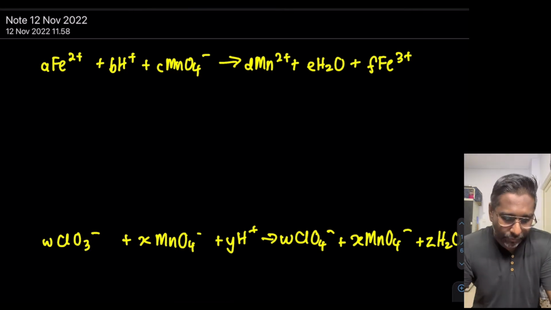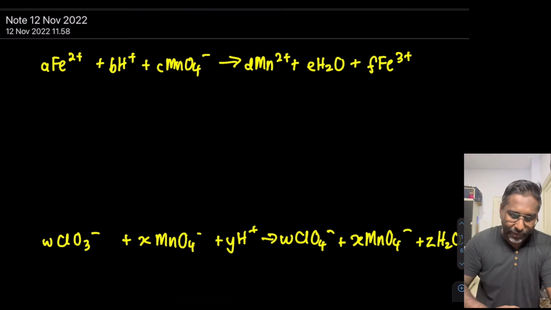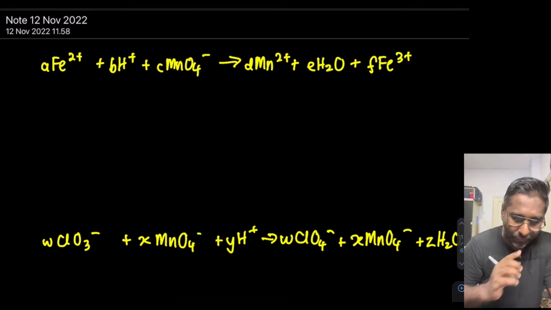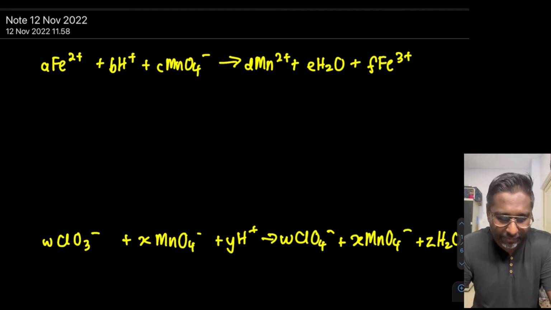If you look at the first equation over here, I have written an equation involving Fe2+ with MnO4-, and then Mn2+, to give you Fe3+ as well. Let's look at what we are going to do in order to balance this equation.